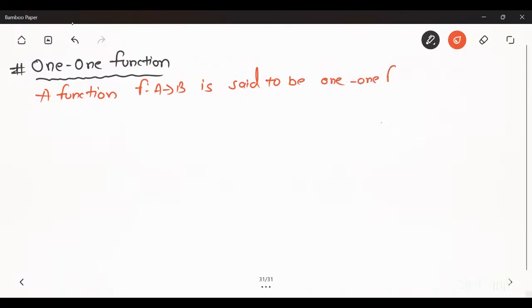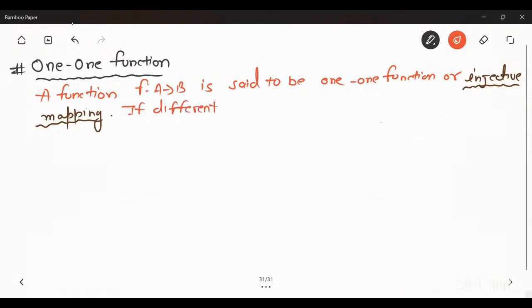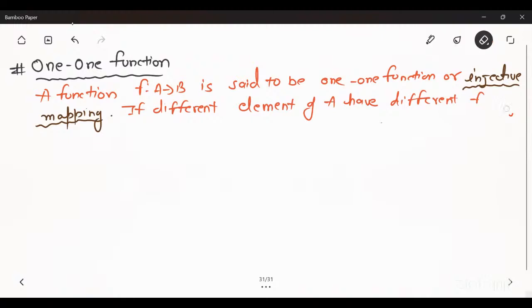The another name of one function is injective function, or injective mapping, if different elements of A have different f images in B. F images means function images in B.